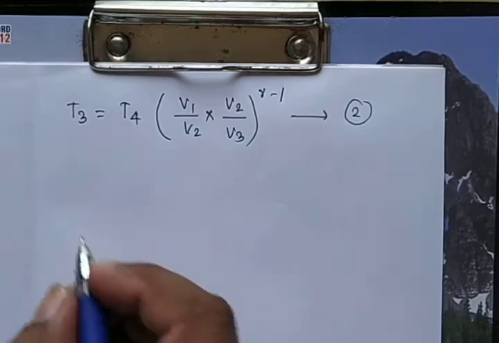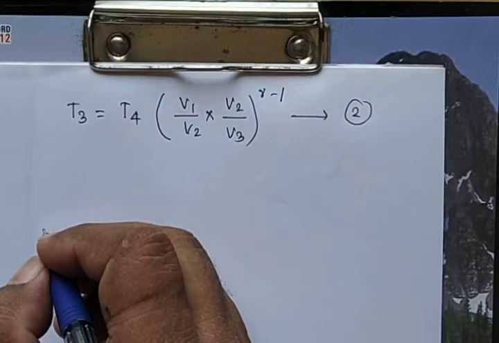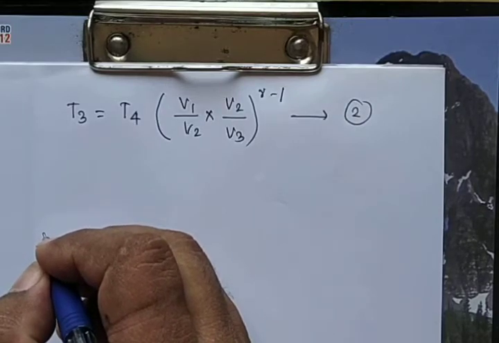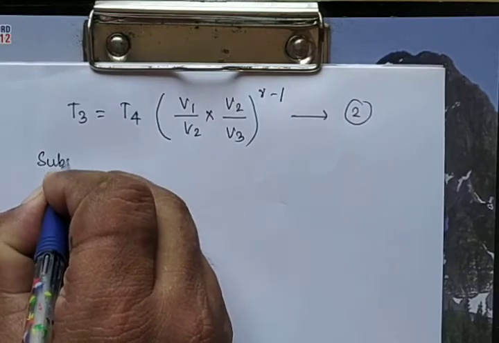So now we had got the equation previously also, V2 by V3 equal to T2 by T3, that I will substitute in this equation.